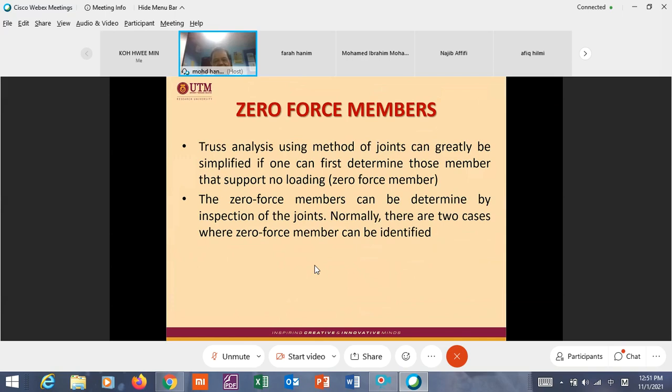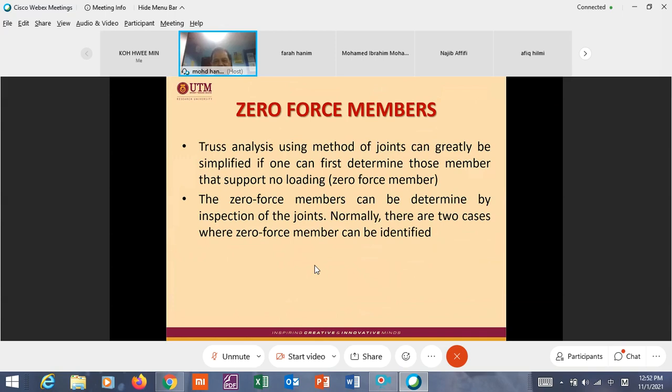In many cases, we have to check what are the members with zero force. If we cannot recognize the zero force member, it will take you a very long time to solve the problem. That's why normally in exam or in test, one or two members will be made zero force.